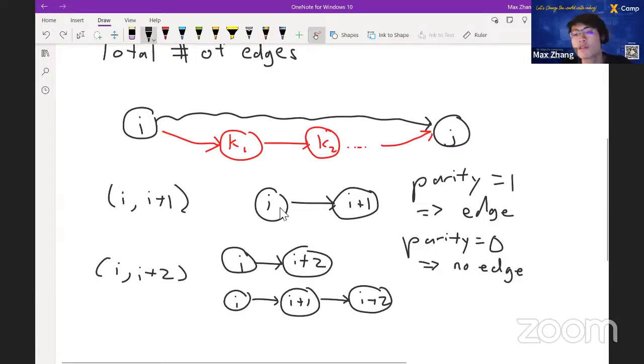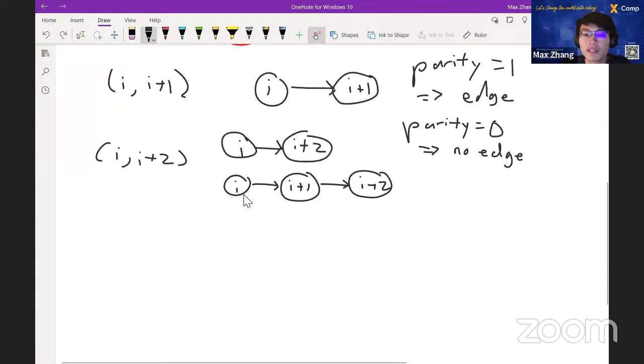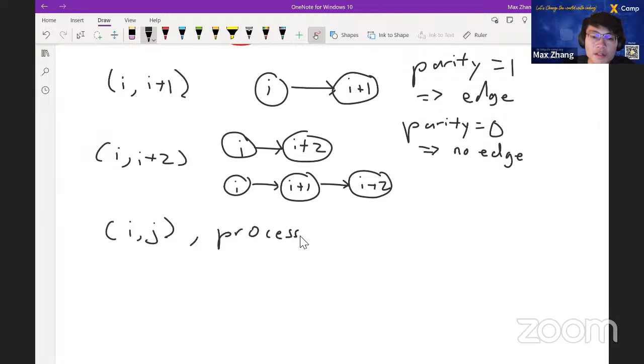And so in general, this is starting to look like some sort of dynamic programming, in particular a range dynamic programming. And so let's analyze this now in full. So in total, suppose we have for any i, j, I'm going to process these in increasing order of j minus i.